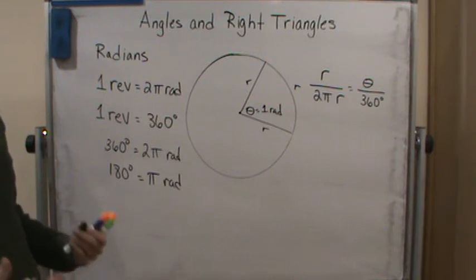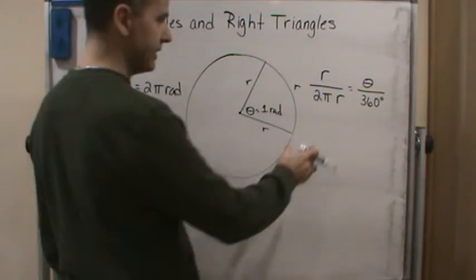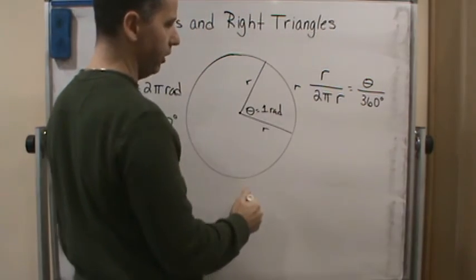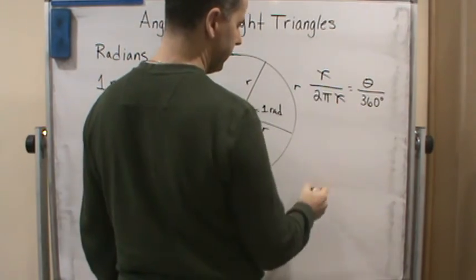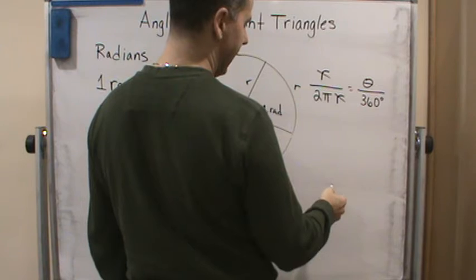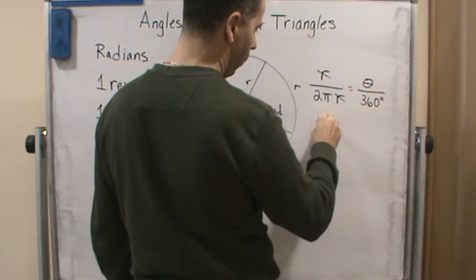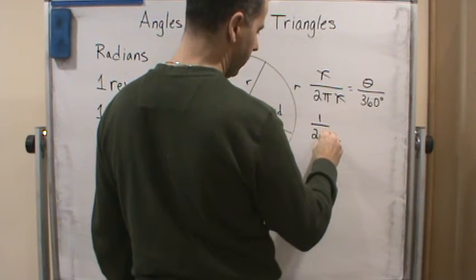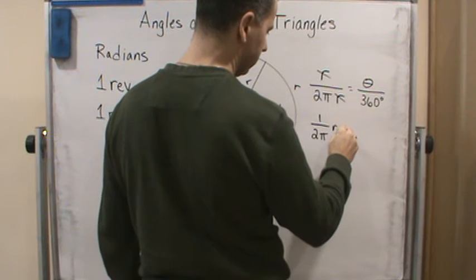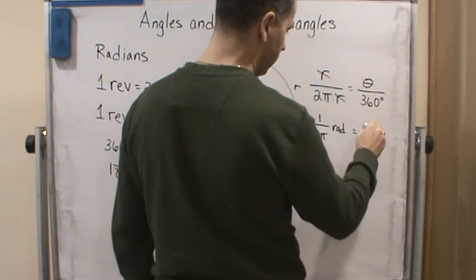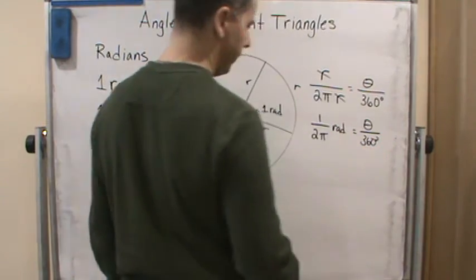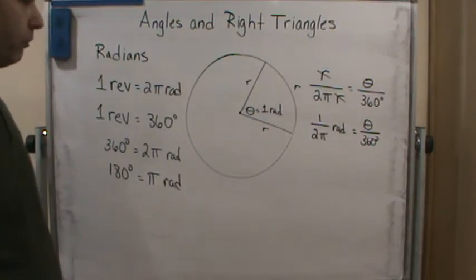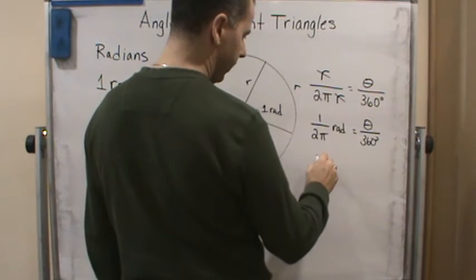Because they measure the same angle. It's the same section of the circle. So now if I simplify this, this cancels with this. So what do I get? I get 1 over 2 pi radians is equal to theta over 360 degrees.